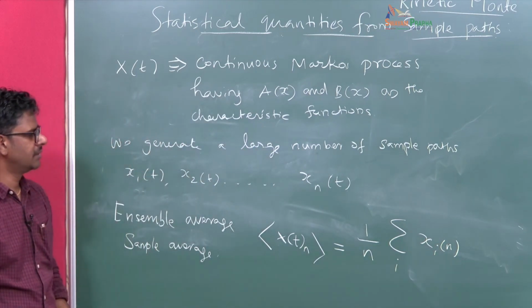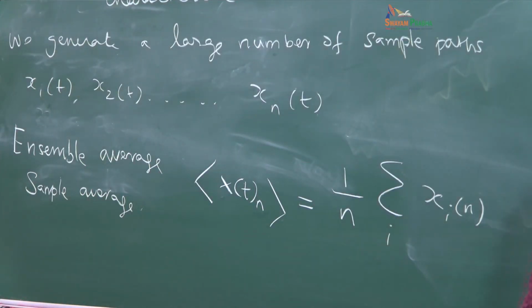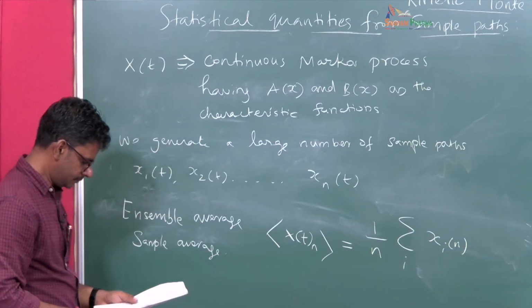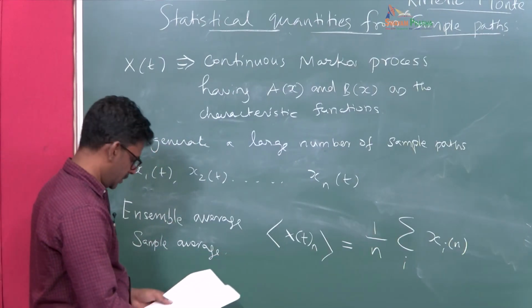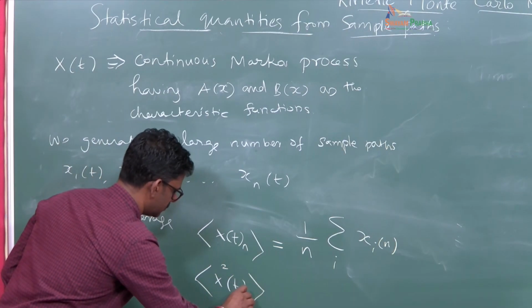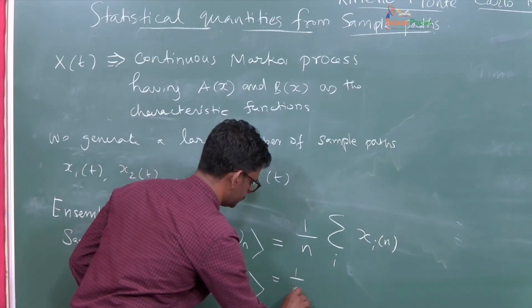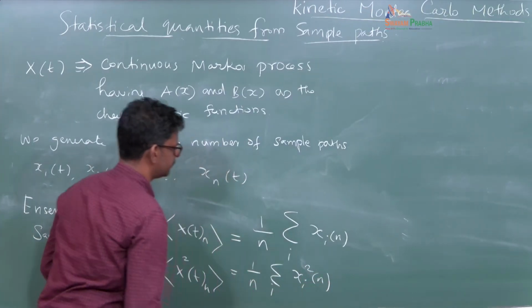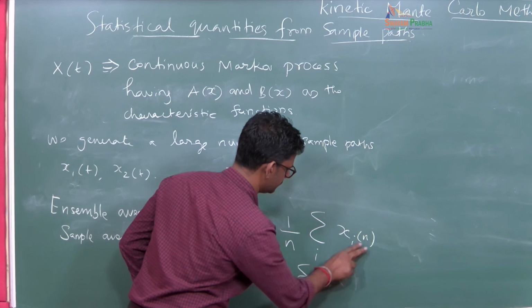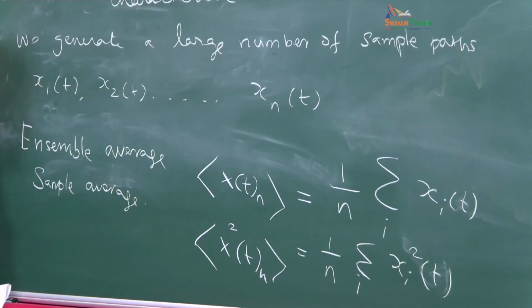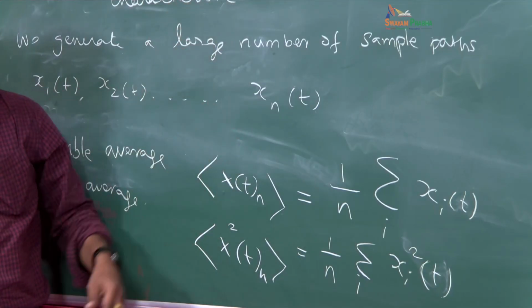So you can find, based on these n number of realizations at a given time, an average quantity for x. So that would be this. Now you can also get the second moment. This should be t. Okay. So these are all obtained for a given time t over all the sample values.